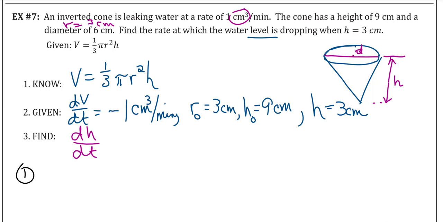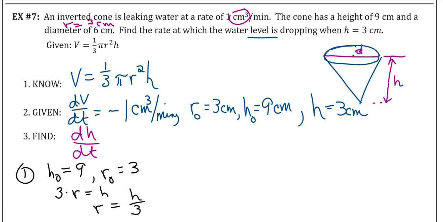okay, so we're going to start by coming up with a way to eliminate R out of our equation. So what we want to look at is the fact that H when we start is 9 and that R when we start is 3. So if the height is 3 times as big as the radius, okay, so what we can do is just use that relationship because it has to stay that way in order to keep it the same cone.